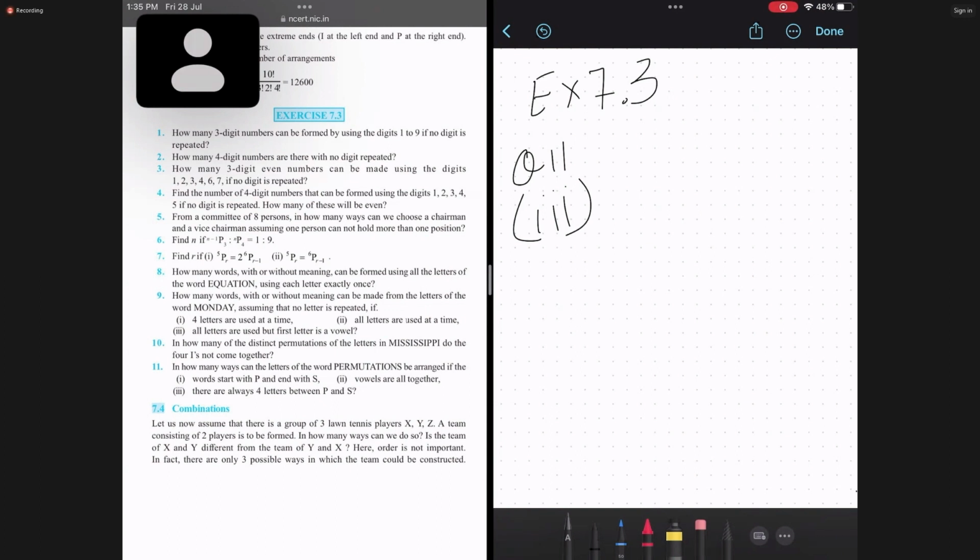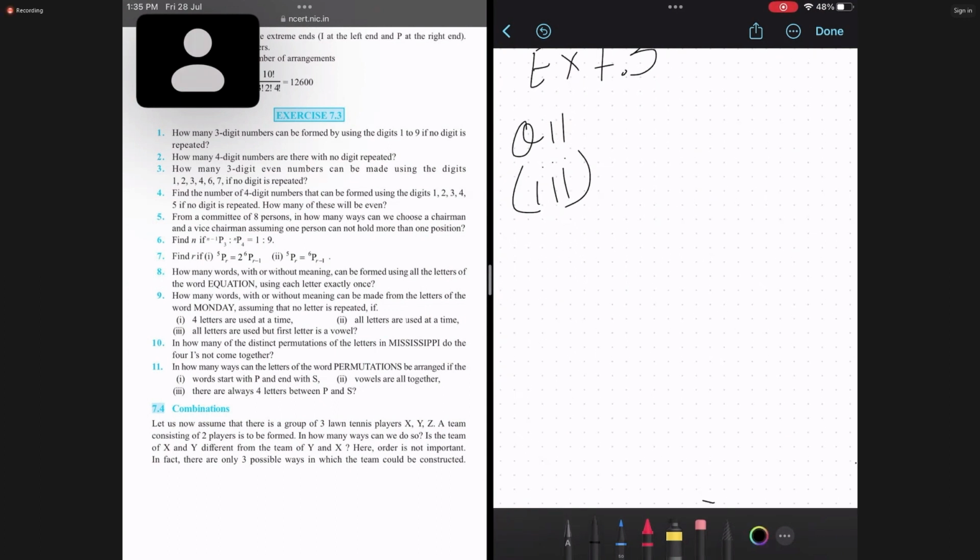But suppose you keep P at the first place. I'll just write the positions of P and S. If P is at the first place, then the position of S is fixed. It is at the 6th place: 2, 3, 4, 5, so the 6th. If P is at the 2nd place, S is at the 7th place. How do I know that?